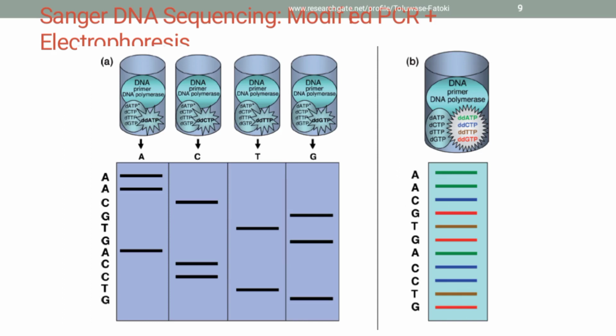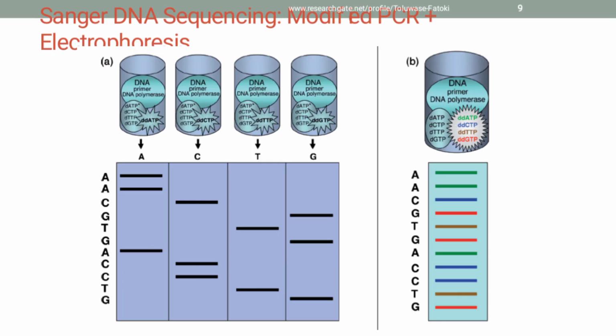So electrophoresis was done for each test tube that contained a different dideoxynucleotide, and different bands of these samples showed on the gel, using agarose gel, because we are working with DNA or RNA, and they have a bigger size than protein.